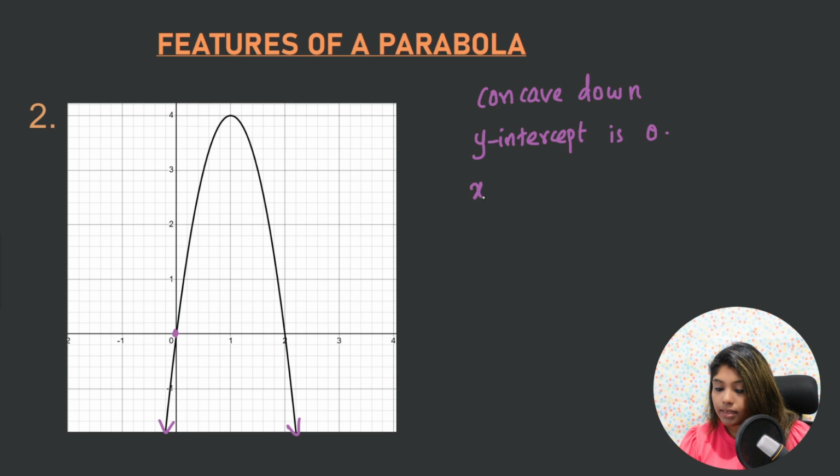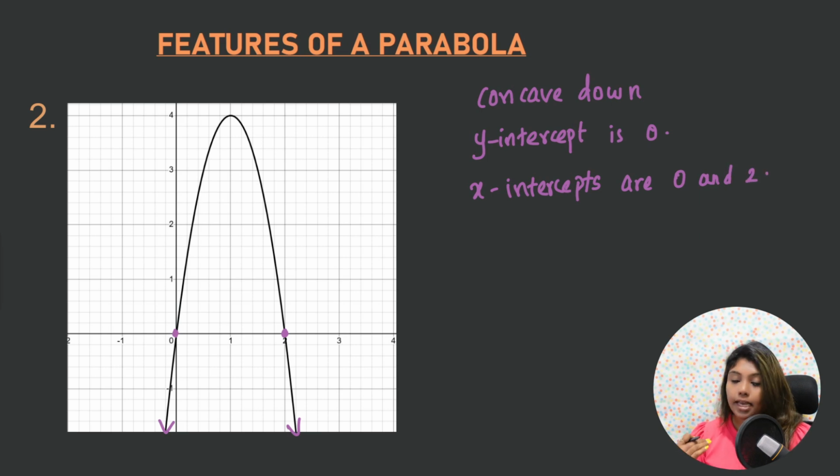Now the next thing is to find out the x-intercepts. It can be one or more. So you can see here it's meeting twice. So I'm going to put it as x-intercepts are. You can see the graph meets the x-axis at 0 and also at 2. So I'm going to write that as 0 and 2. So I've done my y-intercept, I've done my x-intercepts.